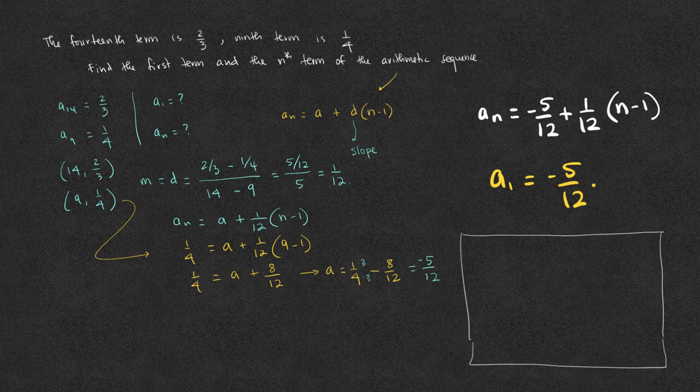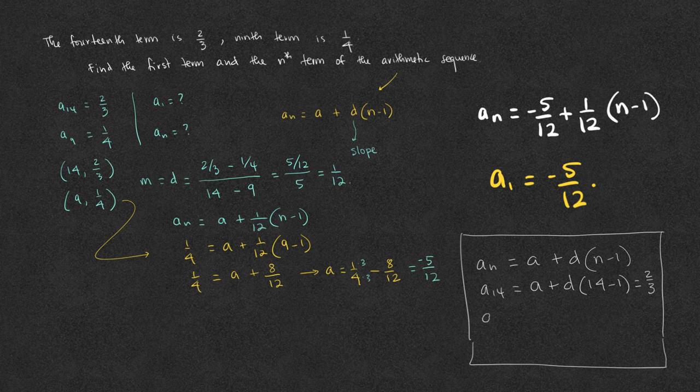Alternatively, knowing that the formula for the arithmetic sequence is a sub n equals a plus d times n minus 1, and we're given 2 terms. First, when n equals 14, a sub 14 equals a plus d, and then we replace n with 14, so 14 minus 1. The output is 2/3.